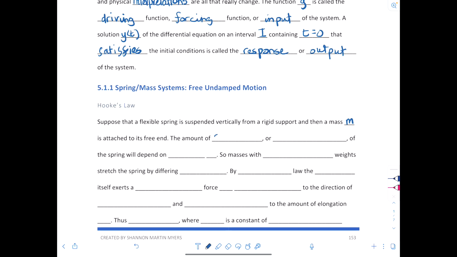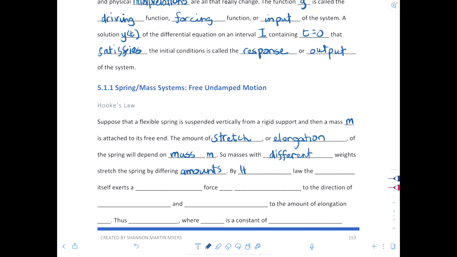The amount of stretch or elongation of the spring will depend on that mass m. So masses with different weights stretch the spring by differing amounts.